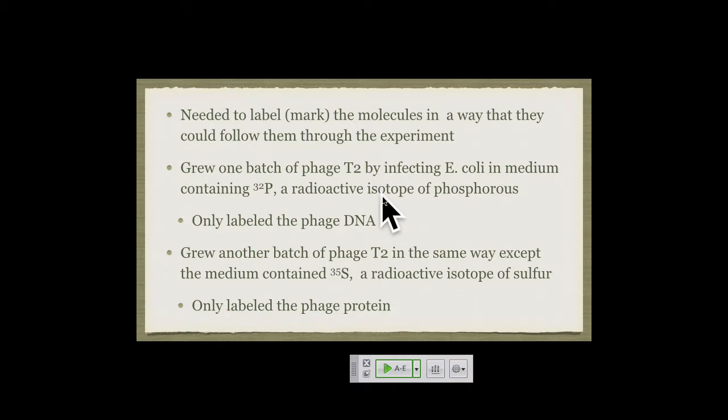So they infected E. coli with the bacteriophage and added P32 orthophosphate, or inorganic phosphate, and that way this radioactive label would get incorporated into what molecule in the phage? Does it go into protein? No, it would label just the DNA. So you have this preparation labeled with P32 phosphate, which means only the DNA is radioactively labeled.